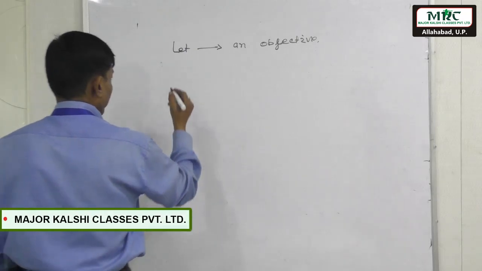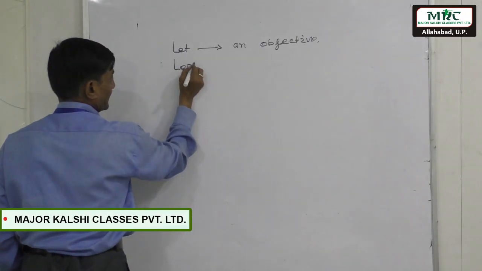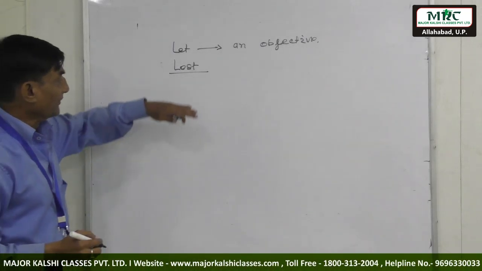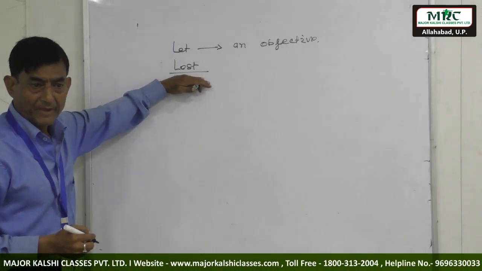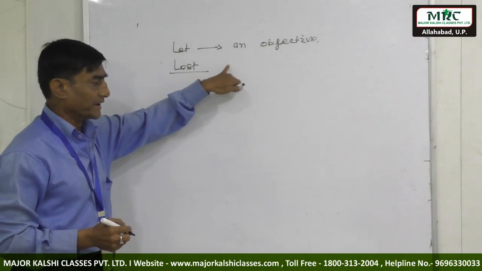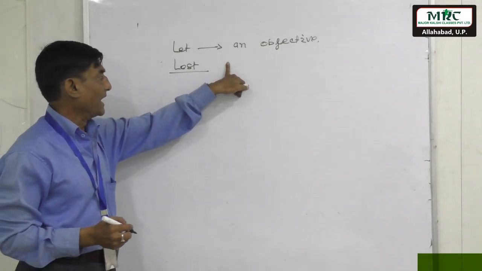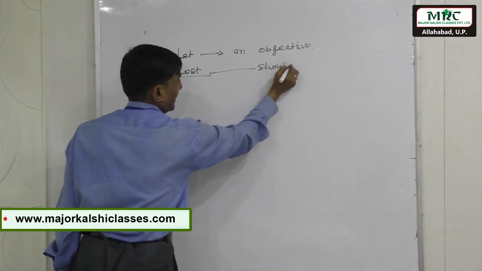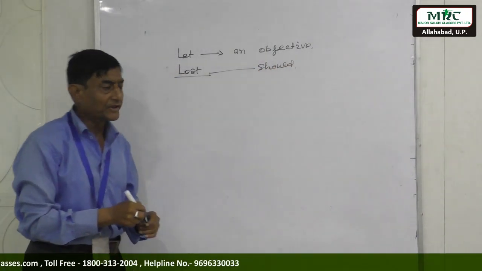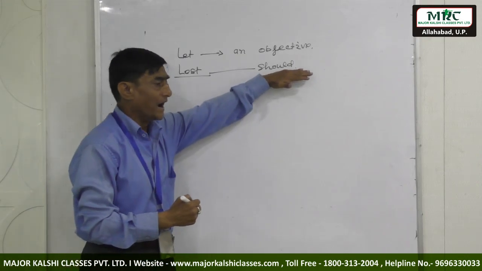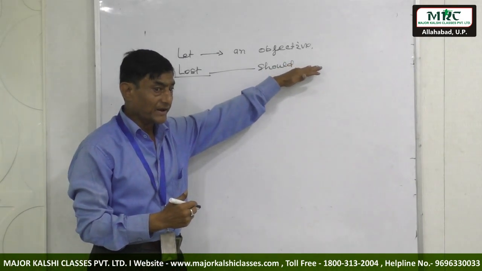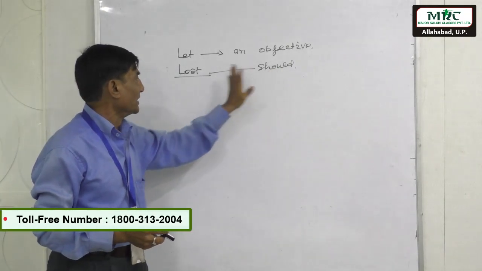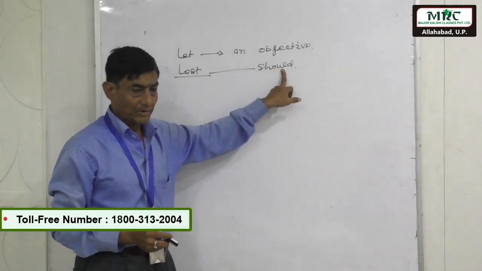In the same way, lest gives a negative meaning, and we never use a negative word with it, and we always use should with it. The students are confused with the use of some other verb, and it should be cared that we can never use any other modal with lest other than should.